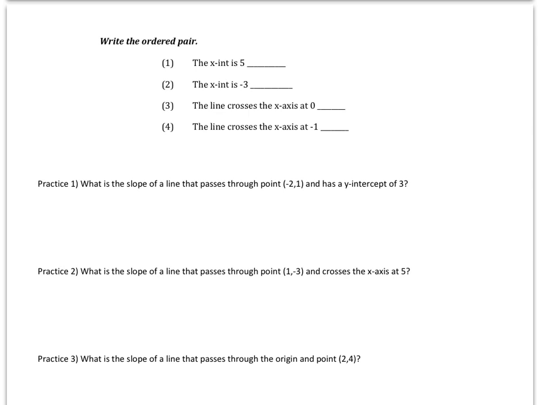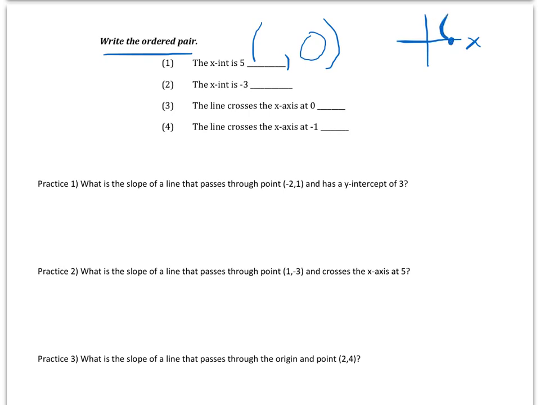So let's look at these next ones. It says write the ordered pair if the x-intercept is 5. Well, anytime I'm talking x-intercept, I know that the y is going to be 0. And if you forget that, like, x-intercept, which one's 0? Draw a point on the x-axis, meaning it crosses the x-axis at 5.